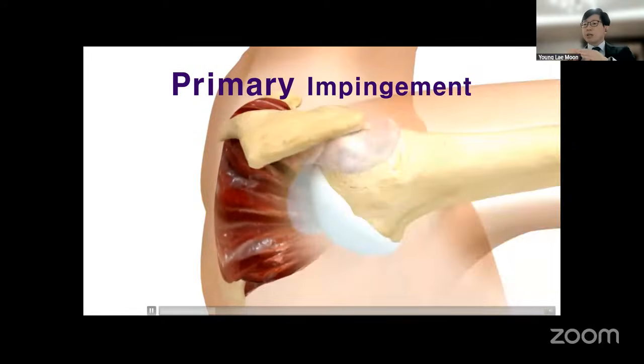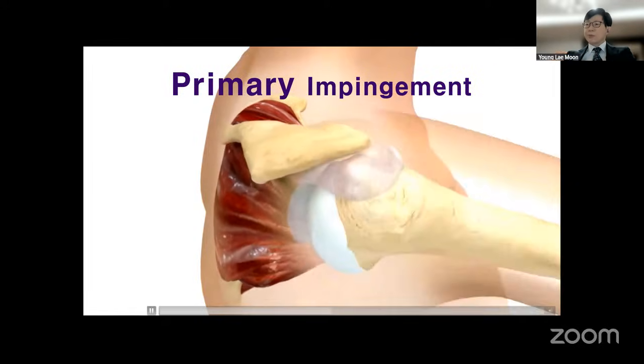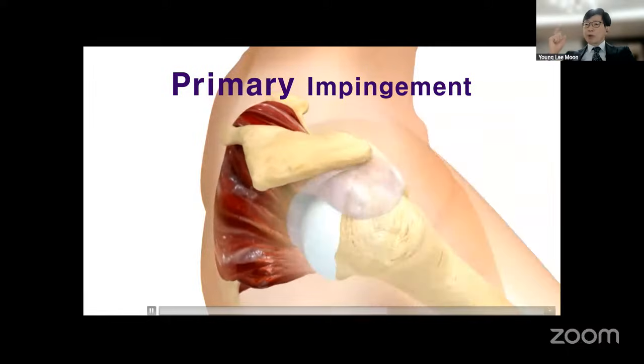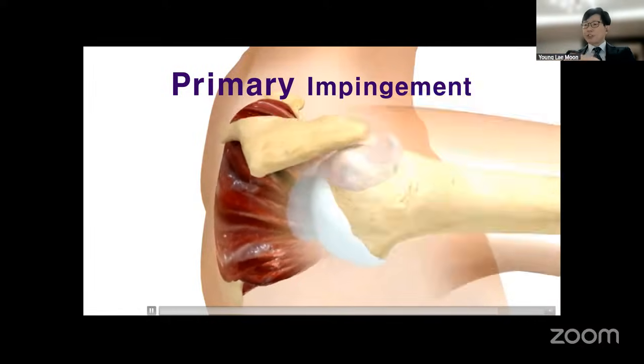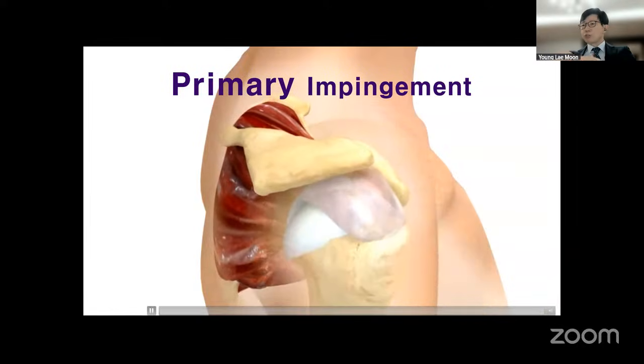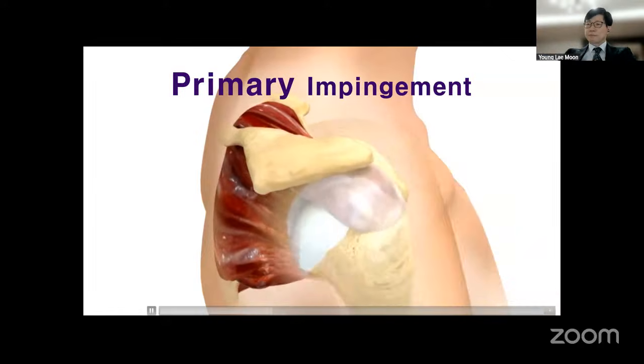It reproduces the exact anatomical scenario, provoking pain by forcing these structures into the narrow subacromial space during forward flexion.